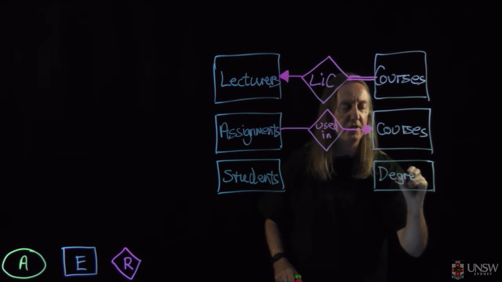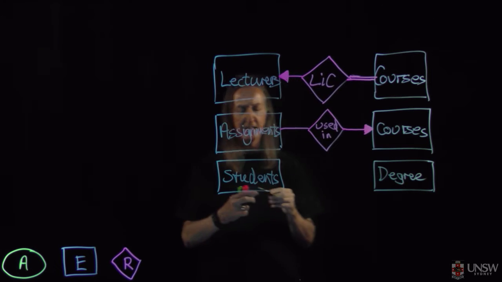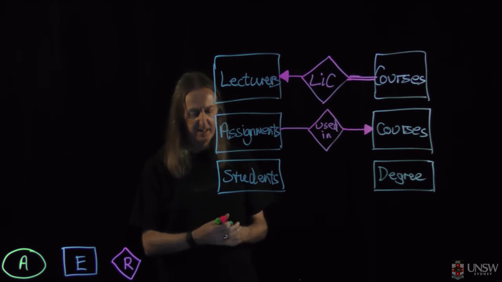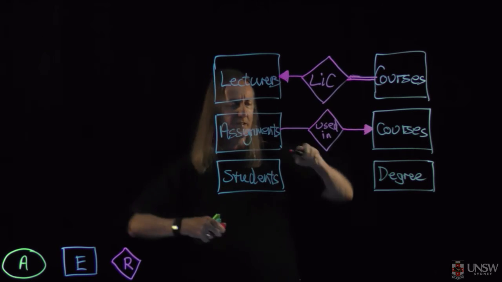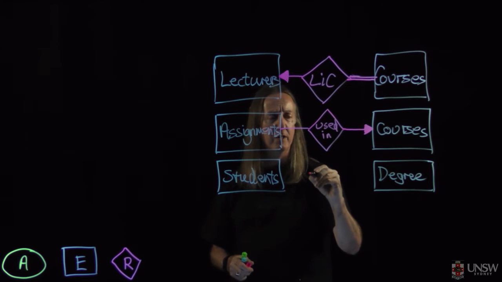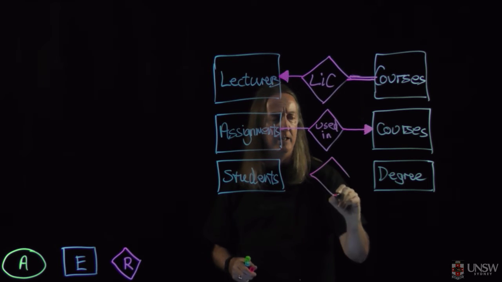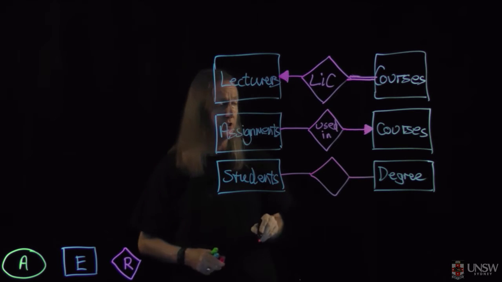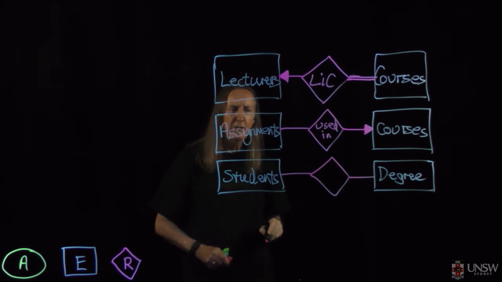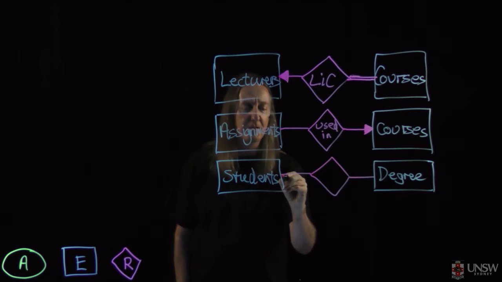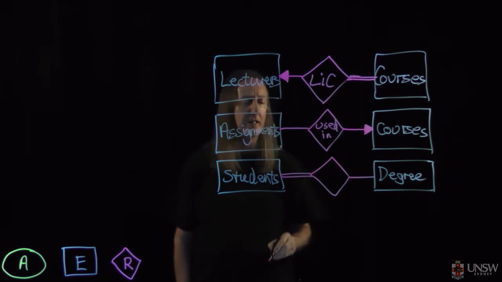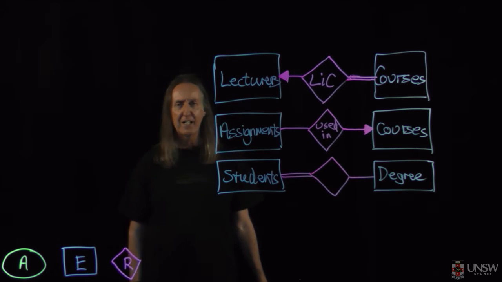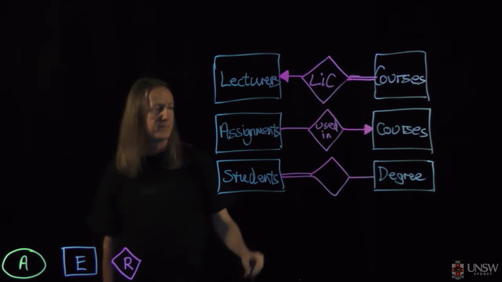Now, each student is going to be enrolled in one degree at a time, but it's quite likely that over the course of their lifetime, especially these days, students seem to take more than one degree. So, in fact, this is going to be an N-to-M relationship. If you're a student, you ought to be taking at least one degree. So we can insist that all students participate in this relationship.